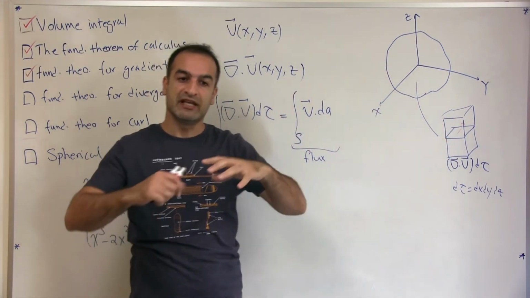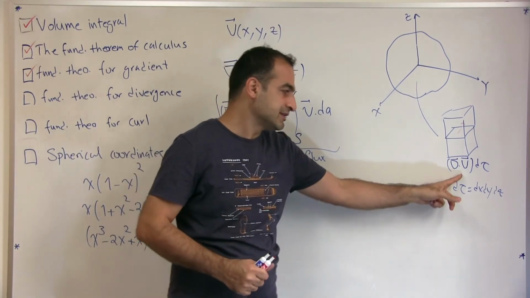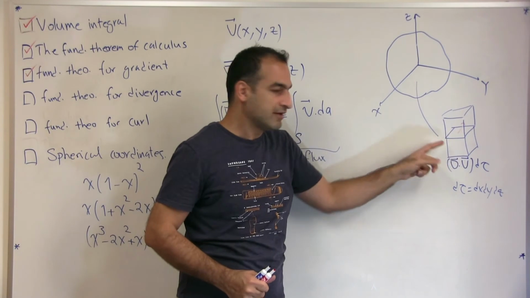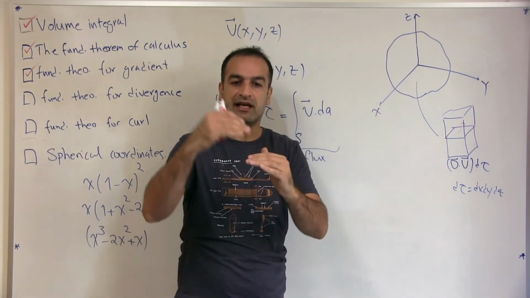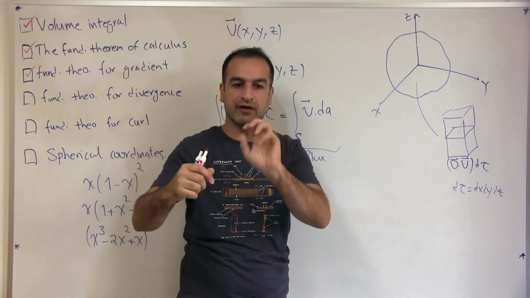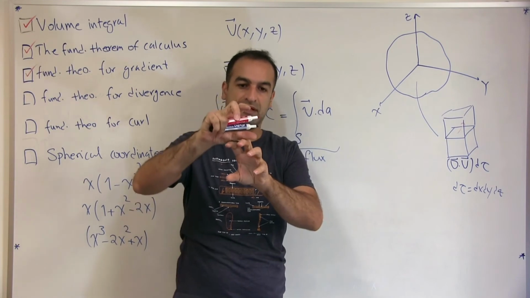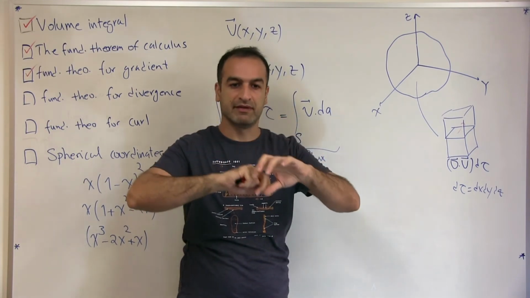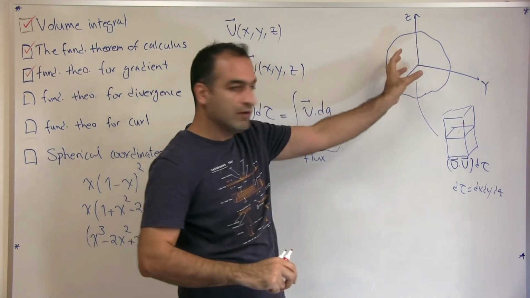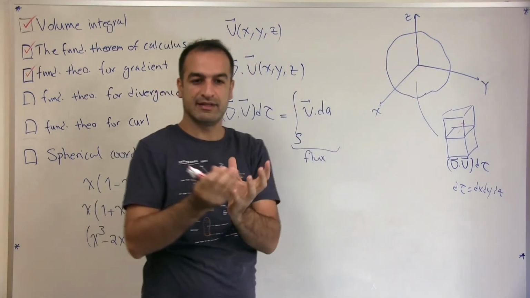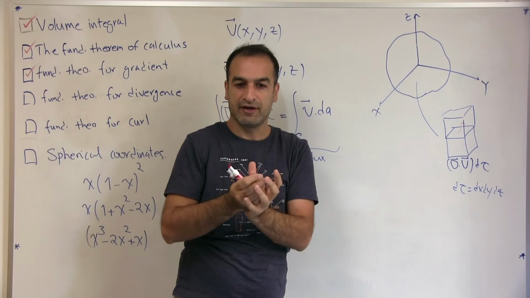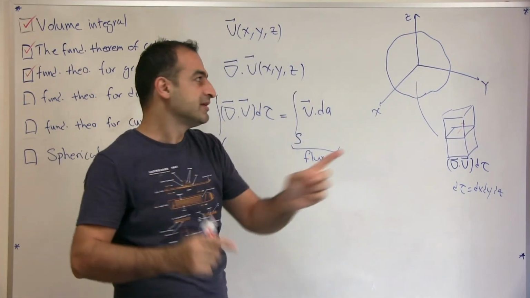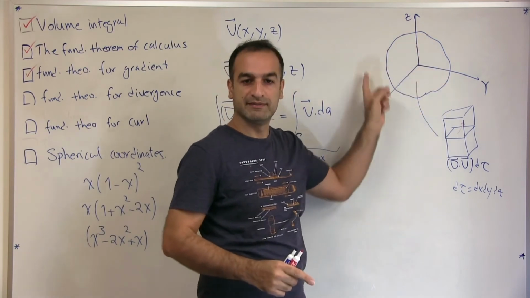If you integrate this divergence, all these small fluxes going through the surface cancel out each other, for one of them is positive, the other becomes negative. So if you integrate over the whole volume, everything cancels out. There is no net flux going through this, except once you reach the boundary.